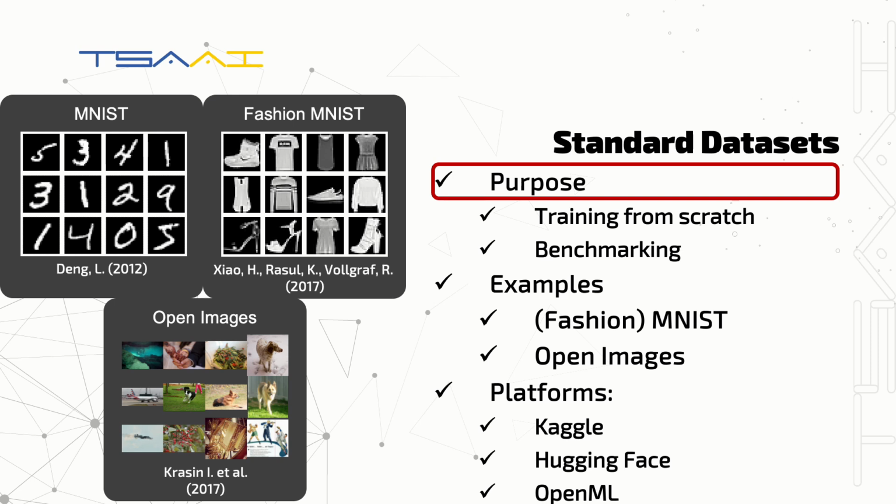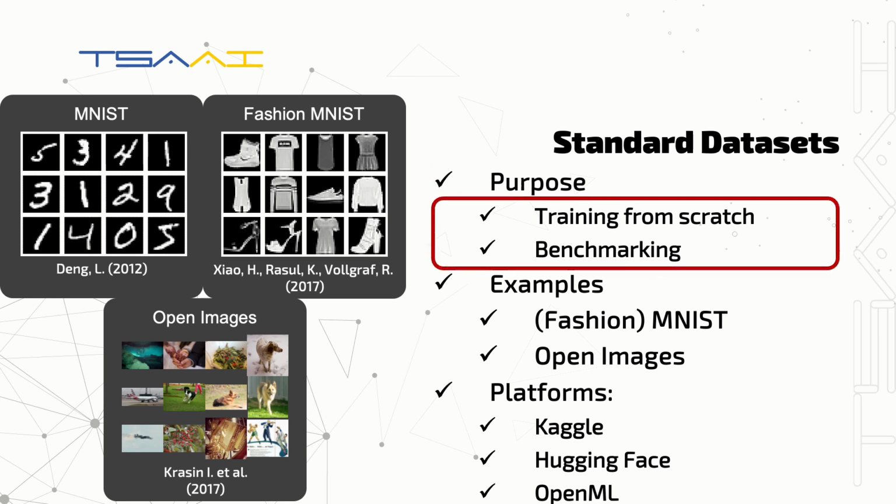Deep learning works well on high-quality labeled datasets, which are essential both for training models from scratch and for benchmarking performance. These standard datasets often come from scientific journals or large corporations.